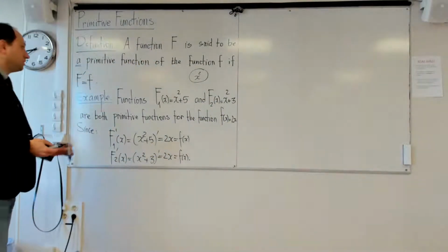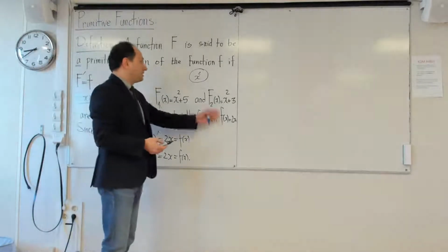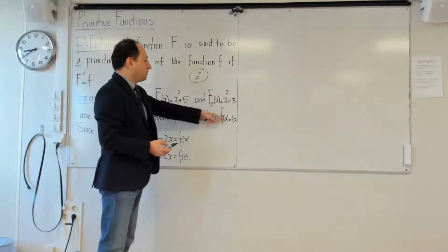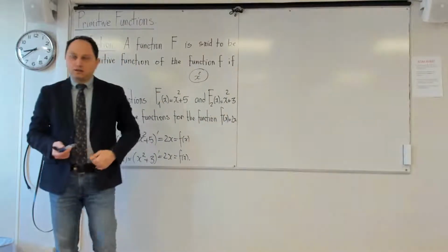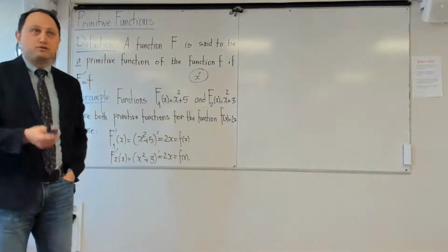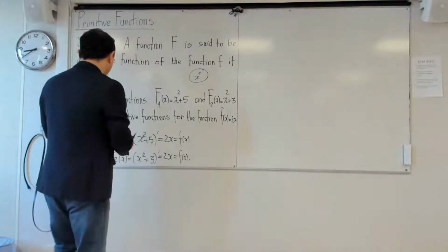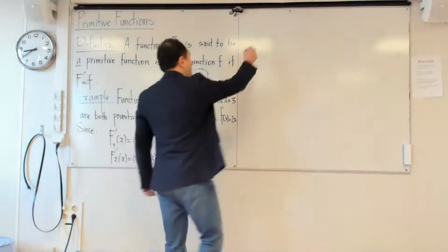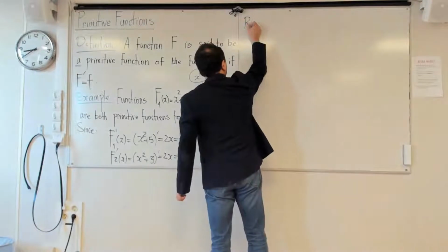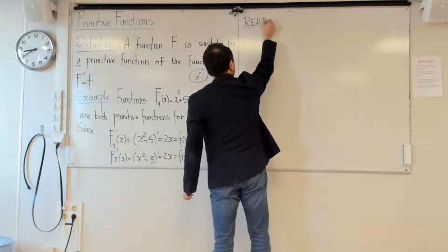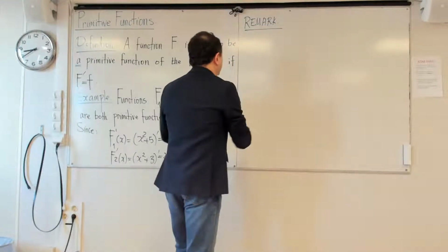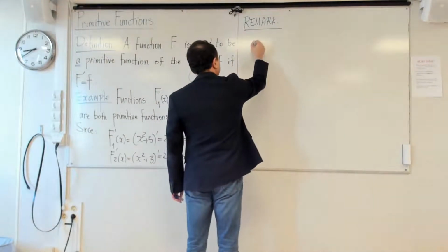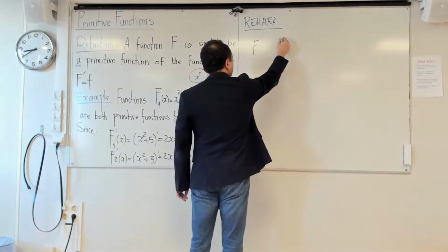So this is more or less trivial. If I have a function whose derivative is this, if I add any constant to that, it becomes that one. But the other way around is also true, but it is above the knowledge of math at the high school level to be able to prove it. Okay, so let me write a remark here for you. Let me first explain it. So let F be a primitive function for f.